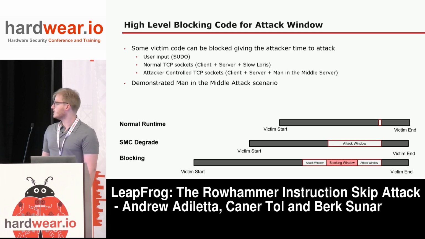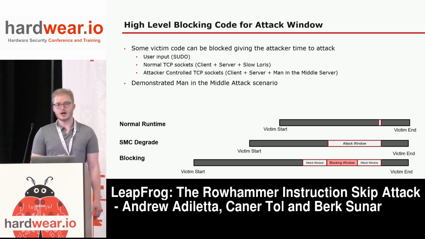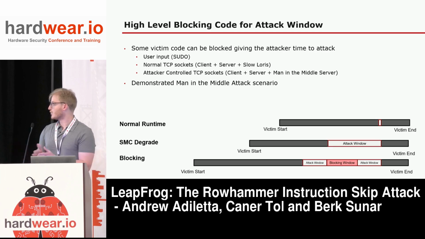One thing you can do is use degradation techniques to slow down the computer. One way that worked really well was SMC degrade, which stands for self-modifying code. It's a really buggy way of writing code that really lags the computer. You can do this from an unprivileged environment, and it slows down the whole computer you're attacking, which widens the attack window.